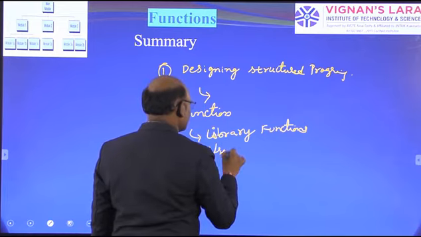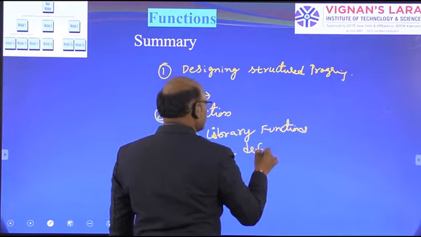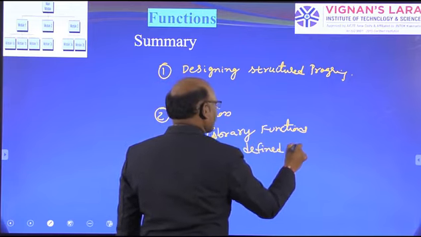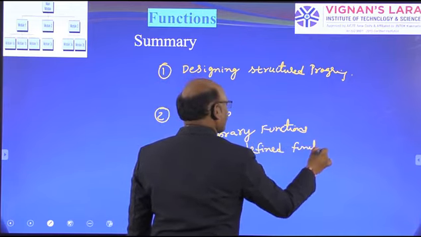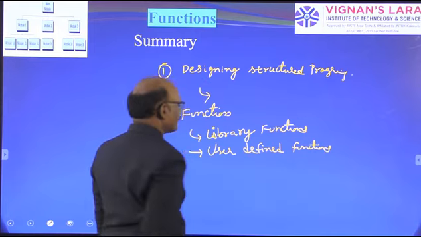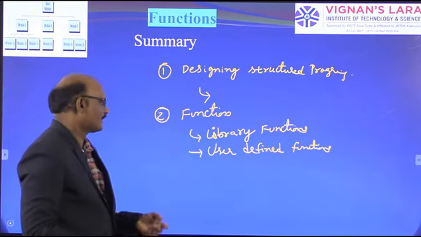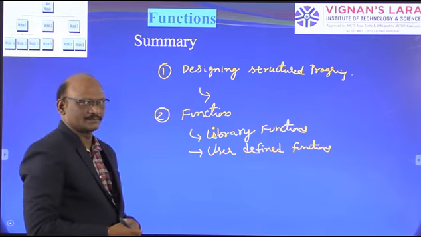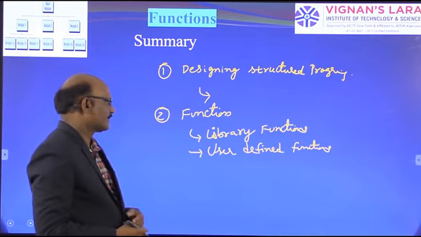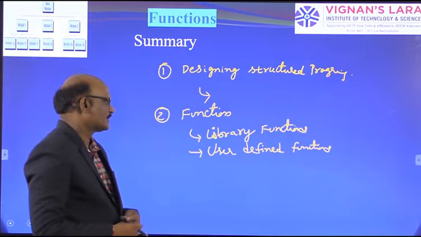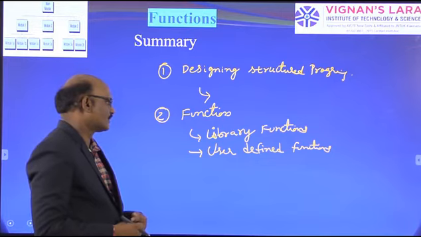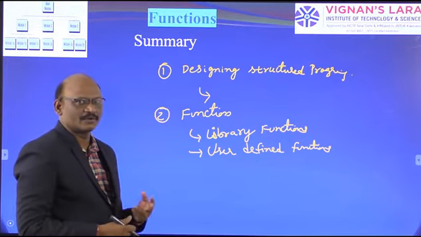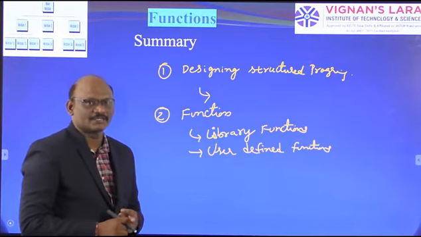Library functions are predefined. User defined functions are defined by the user. In case of library functions, we can just use the function to perform an operation. There is no need to understand or write the code, and we are not able to modify or change the code.